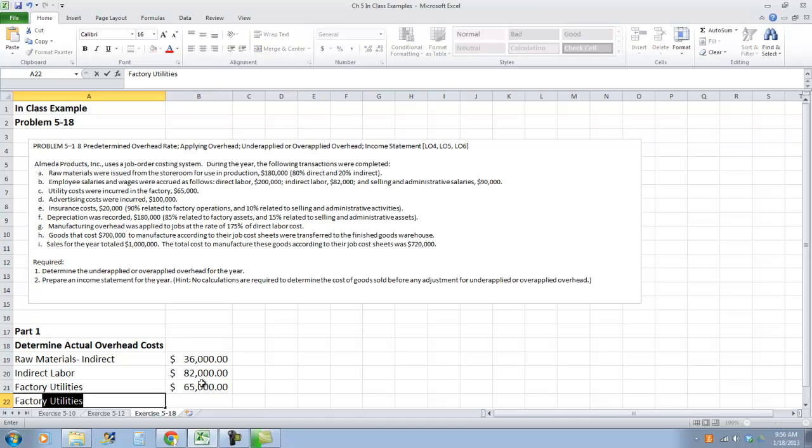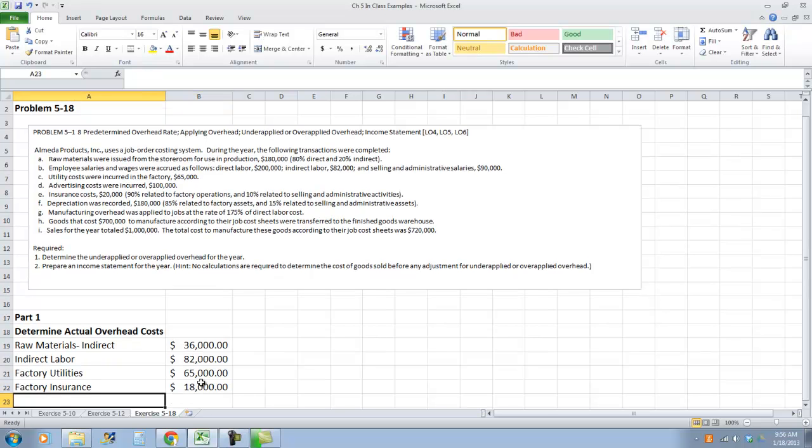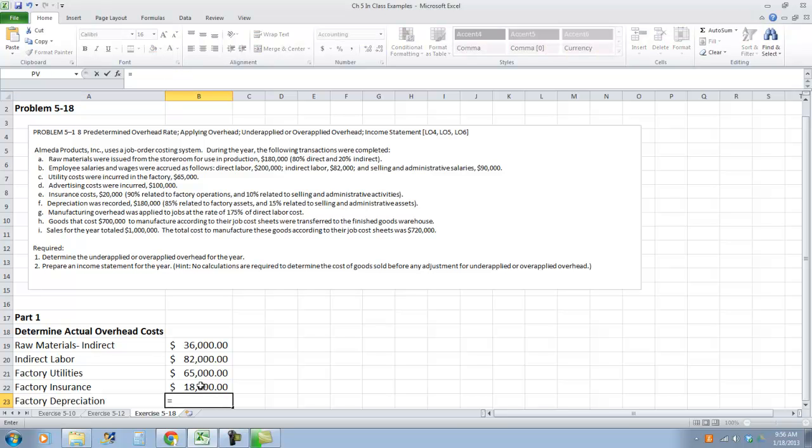We do have factory insurance. So insurance was 20,000, and 90%, 0.9, was related to the factory. So that's 18,000 for insurance. And then we have factory depreciation. It says that depreciation was 180,000, and that 85% of it was related to the factory.